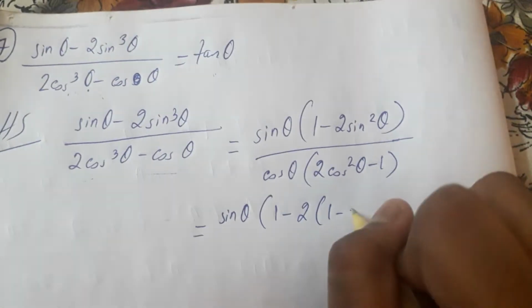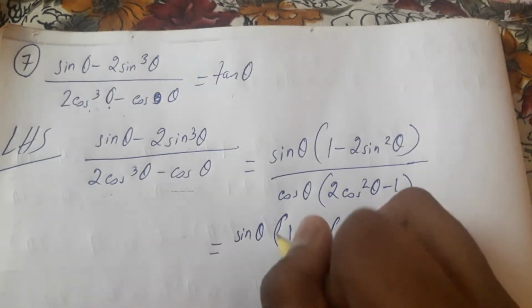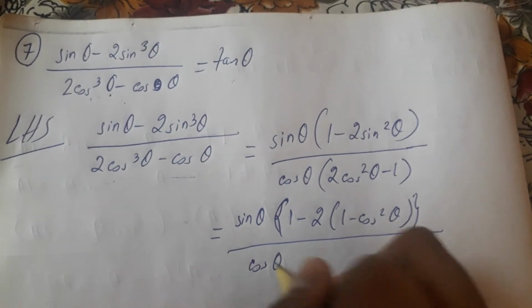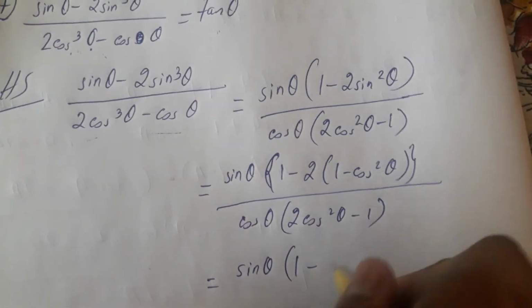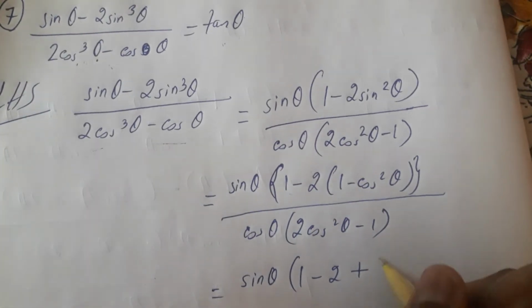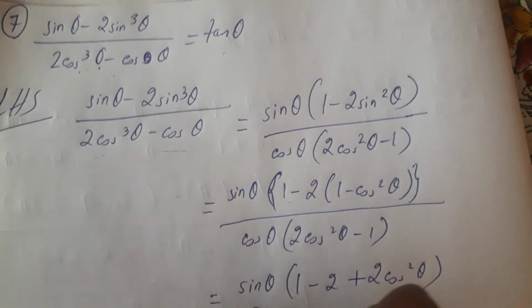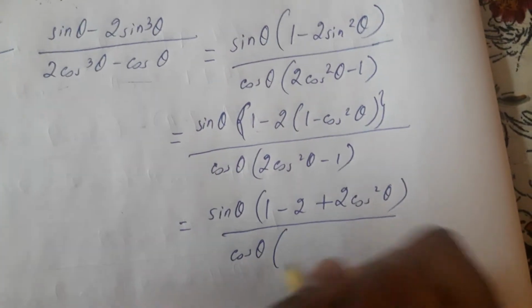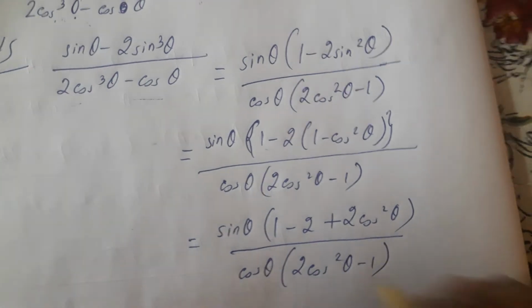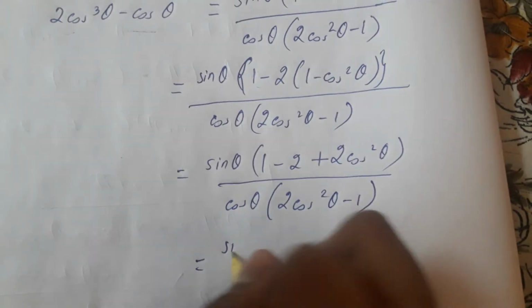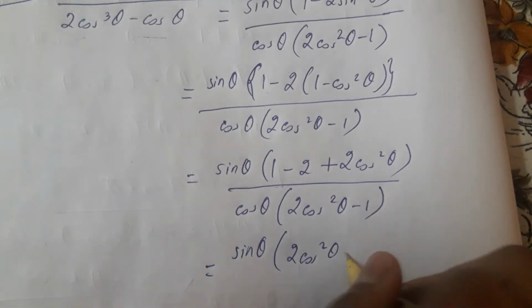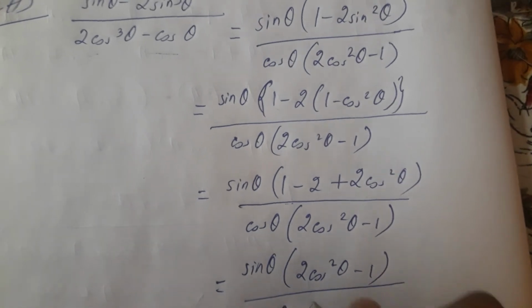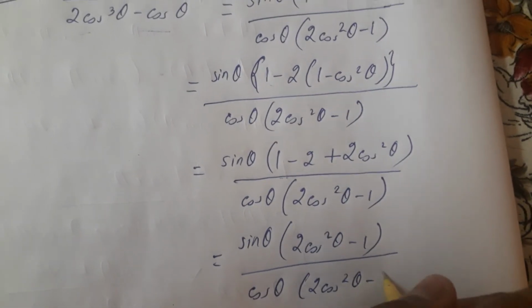Sin square theta means 1 minus cos square theta, divided by, this will be the same, 2 cos square theta minus 1. Now see here, sin theta (1 minus 2 plus 2 cos square theta) divided by cos theta into (2 cos square theta minus 1), which is equal to sin theta (2 cos square theta minus 1) divided by cos theta into (2 cos square theta minus 1).